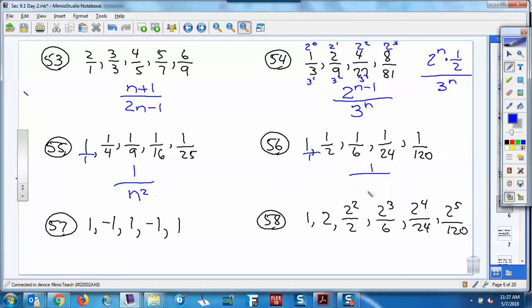Okay. 2, 6, 24, 120. That's not a pattern we talked about, is it? I mean, it's multiplied by 2, and that's multiplied by 3, and that's multiplied by 4, and that's multiplied by 5. We talked about adding on increasing odd numbers being a squaring thing. What is multiplying by an increasing number?